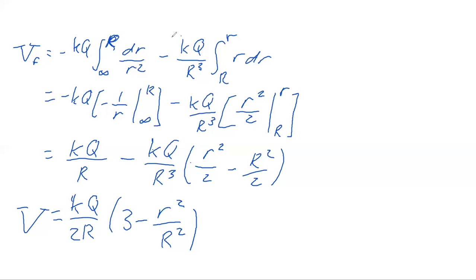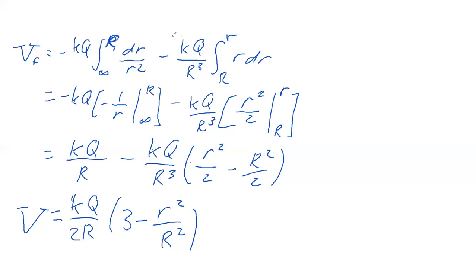Voltage at point P, which is not outside the sphere, but inside the sphere of charge. Okay, so the whole point here: we used our electric field from earlier, the electric field from a sphere of charge, and from that electric field, we used it to find voltage.